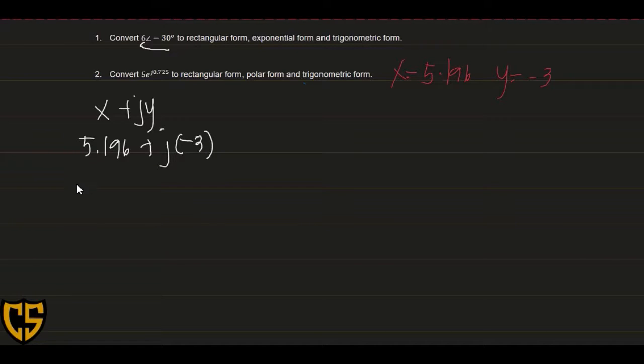So simplify ta lang, aton answer will be 5.196 minus j3. So amo na ni siya dayon ang aton nga rectangular nga form. So this is our rectangular nga form.